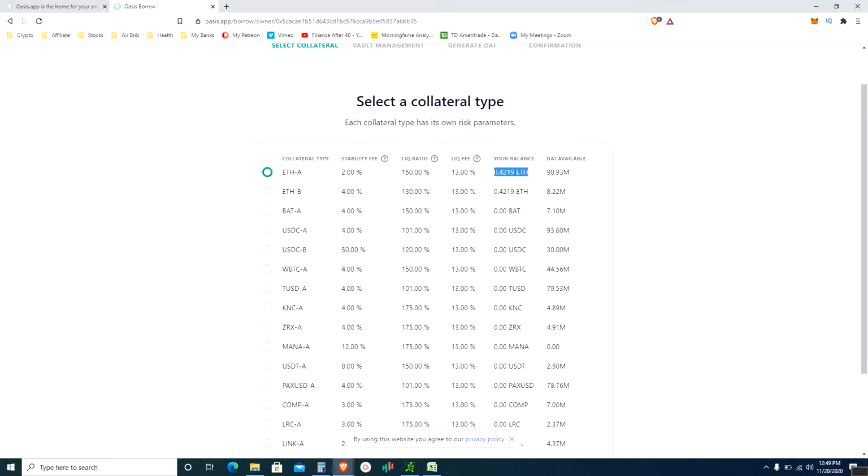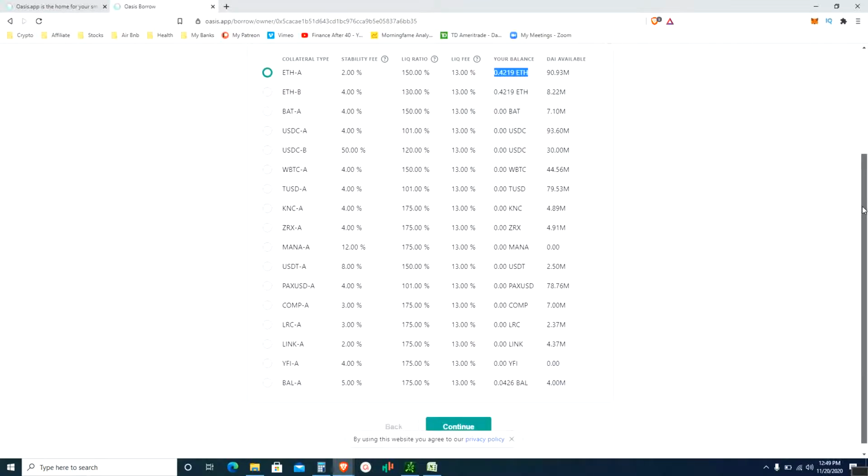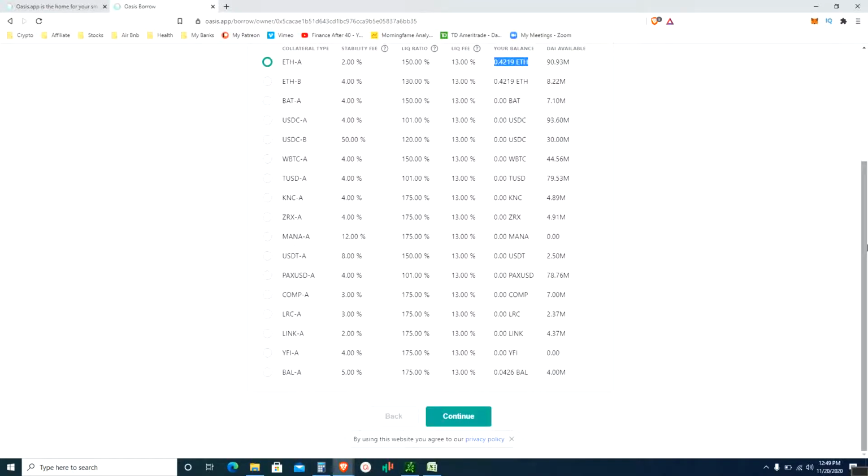My balance is 0.4. I just put $200 of Ethereum for this purpose on my MetaMask. You got other options in here: Balancer, Wi-Fi, Chainlink. So you can use other assets as well. 0x, Kyber Network, Rep Bitcoin, pretty awesome. USDC stablecoin, pretty awesome. Basic Attention. So it's not just Ethereum.